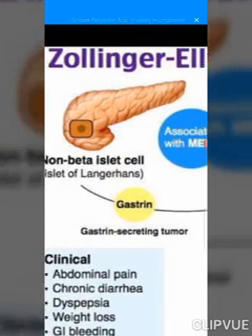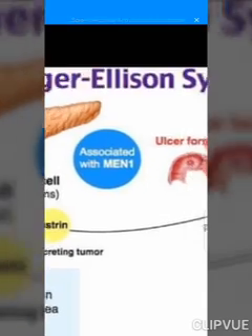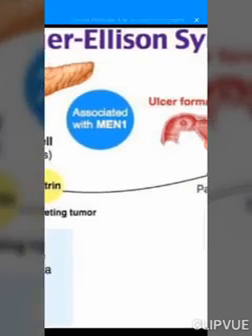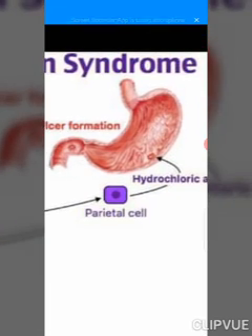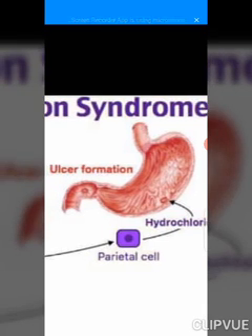In MEN type 1, gastrin can be one of the hormones. The gastrin produced acts on the parietal cells, parietal cells produce hydrochloric acid, and hydrochloric acid results in ulceration of the esophagus, stomach, and small intestine.